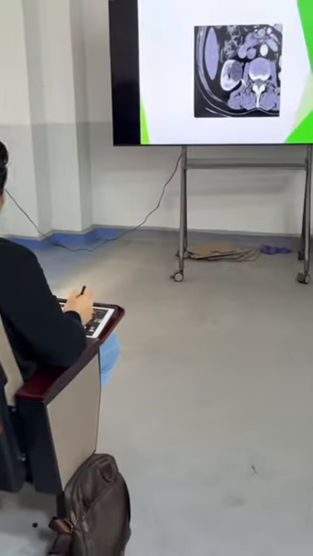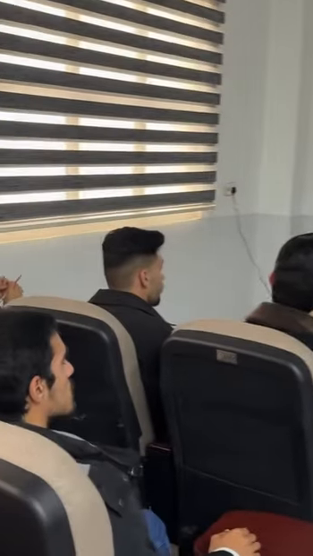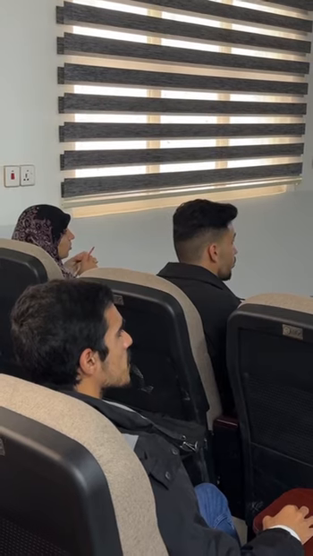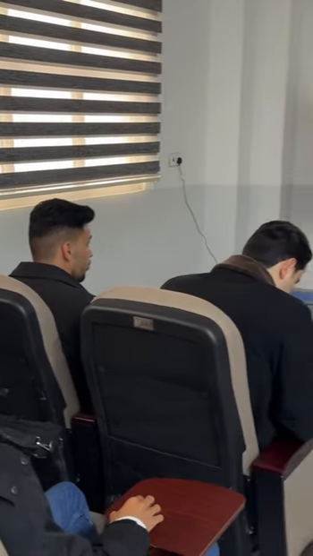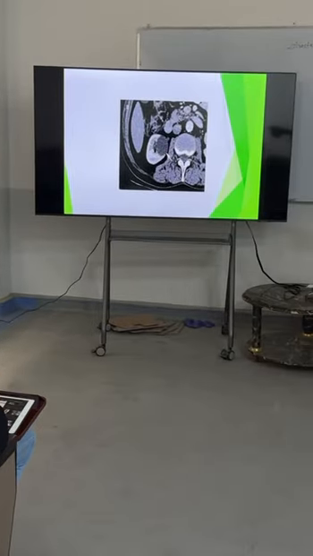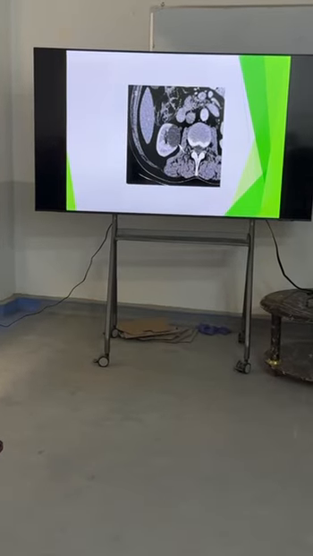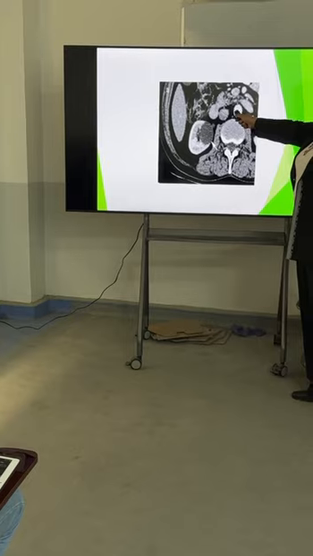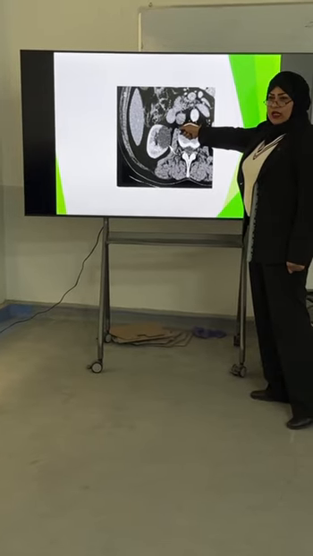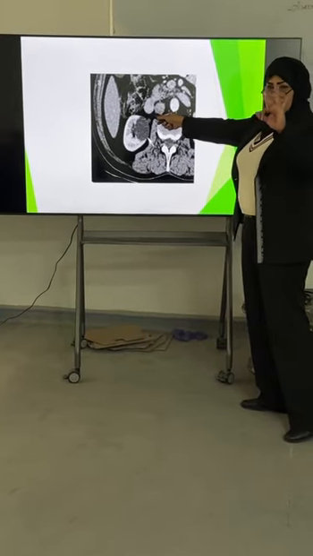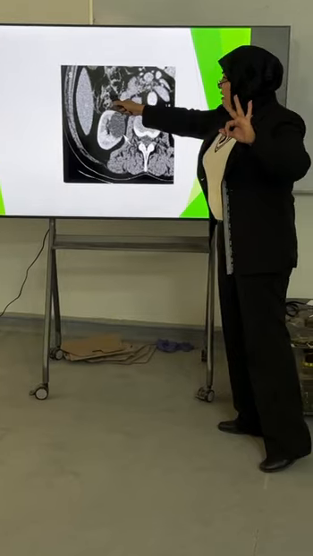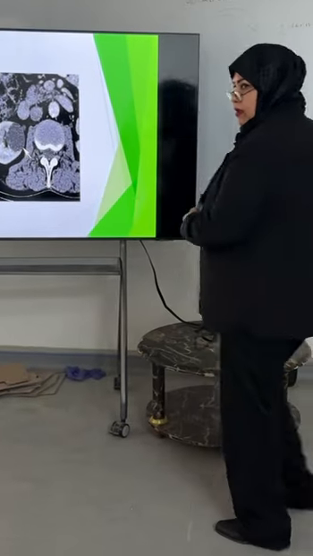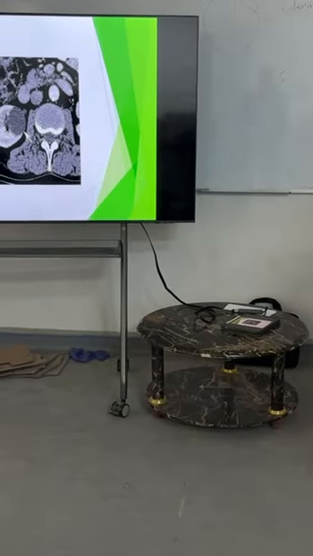Always we read it opposite to our hands. And part of the liver appears here. Another sign is that this is the aorta on the left side, and this is the IVC on the right side. So three signs: IVC, liver, and your body direction.